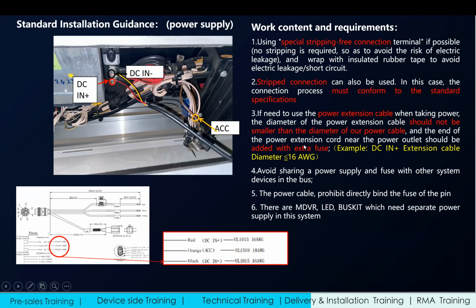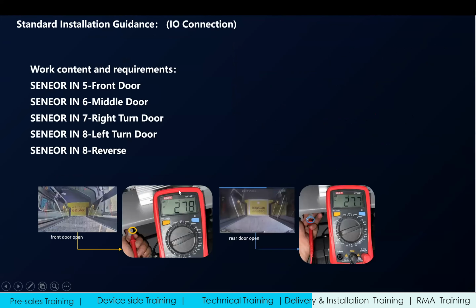Our cable is 16 AWG, so the extension cable for all 3 cables should be 16 AWG or thicker. If the cable is thinner than our cable, maybe there will be a short circuit in the future. That's a notification that needs to be noticed for the power part.